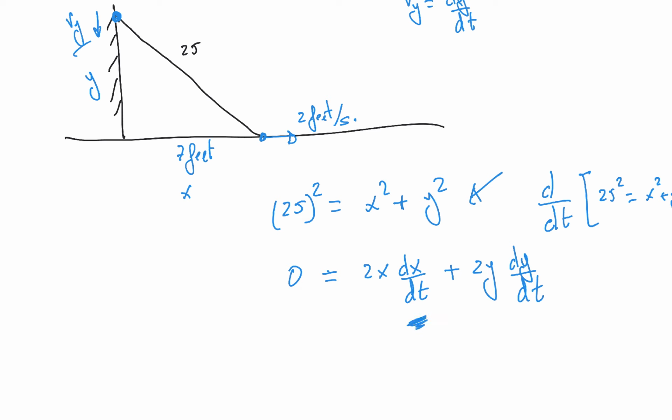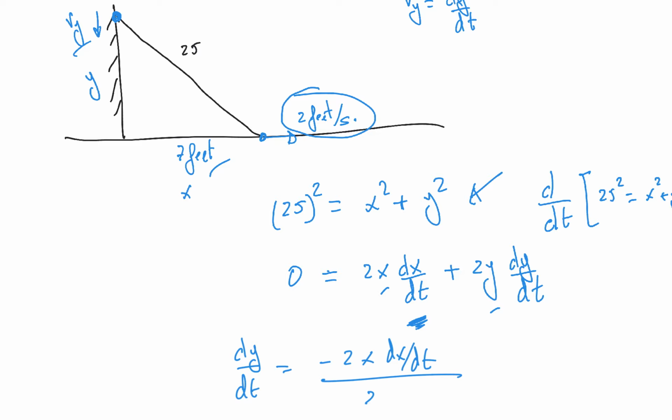The derivative of x with respect to t is the velocity v sub x, which is 2 feet per second. The x is 7 feet. The y I know from the Pythagorean theorem. What I want to find is v sub y, the derivative of y with respect to t. So the derivative of y with respect to t equals minus 2 times x times the derivative of x with respect to t, divided by 2y.